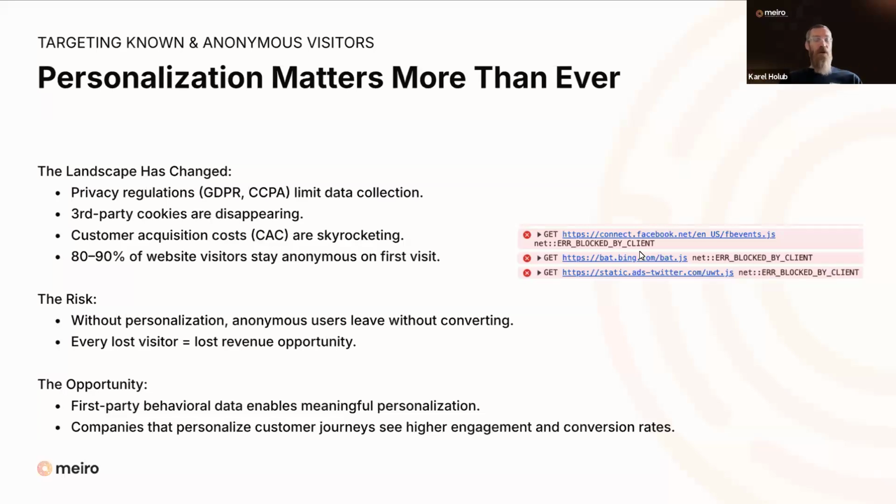What can we do? Of course, we can do something. We can use first party and zero party data because so far this tracking apocalypse is only happening for third party data and the usual tracking suspects. So it means that the landscape has changed, as our beautiful caption says here.